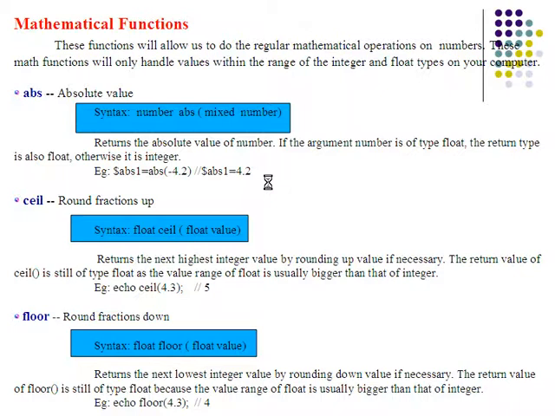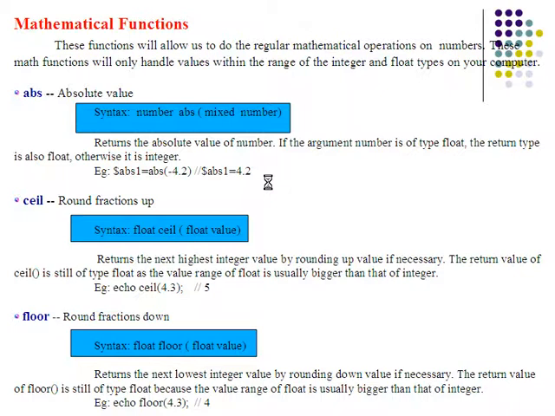The first function is abs, with which we can calculate the absolute value of the given number. It takes a parameter, which is the value we are passing, and it returns the absolute value of that parameter. If the argument is of float type, then it returns a float.